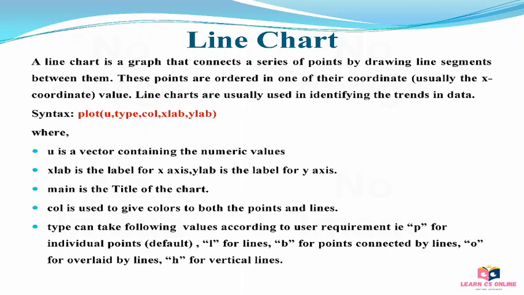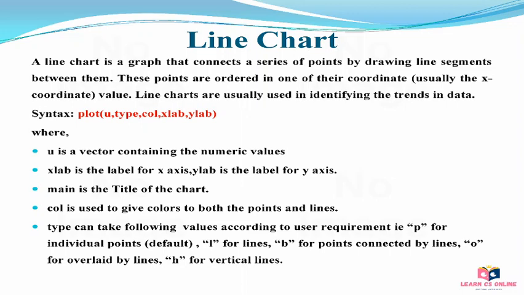The syntax for creating a line chart is plot(u, type, col, xlab, ylab, main), where u is a vector containing the numeric values, xlab is the label for the x-axis, ylab is the label for the y-axis, main is the title of the chart, col is used to give colors to both the points and lines.